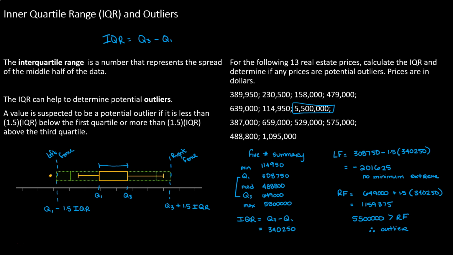What caused that extreme value to be so extreme? For example, in these real estate prices, having a $5.5 million piece of property, maybe it has lots of acreage, or maybe it has a subdivision on it, or maybe it has an apartment complex on it. So there's got to be a reason why that extreme value is so extreme, or maybe it was a mistake in recording the data.